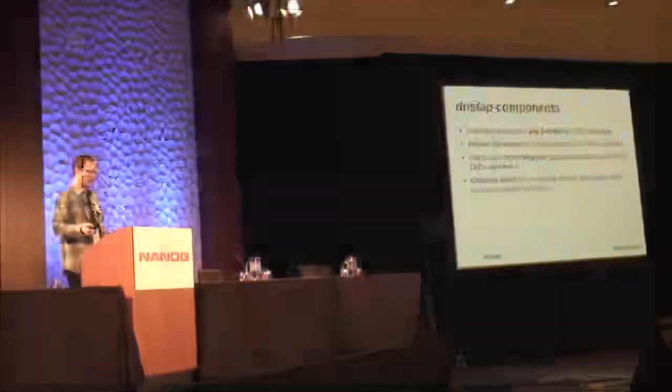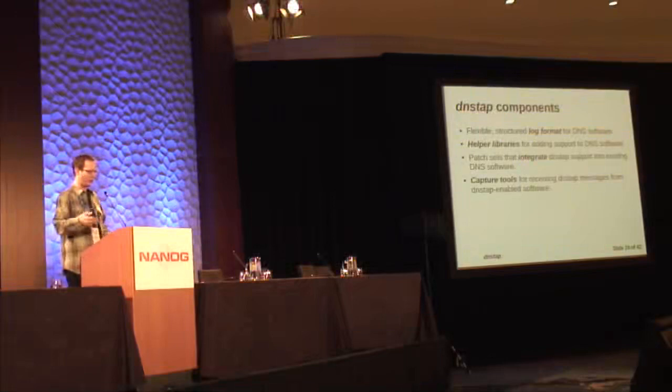So it's basically patches to call the right library routines, construct the log messages, and have them sent to a dnstap receiver. And then we have individual capture tools that actually do the reception of dnstap messages and do whatever processing or analysis based on the log data that's being generated.